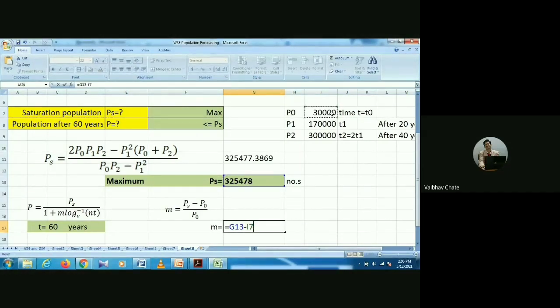It corresponds to 30,000. So I'll just put these two in the bracket, divided by P naught. The saturation population has been considered with respect to P naught population. So that's why we are going to get the value as, let us say, 9.85. Am I correct?